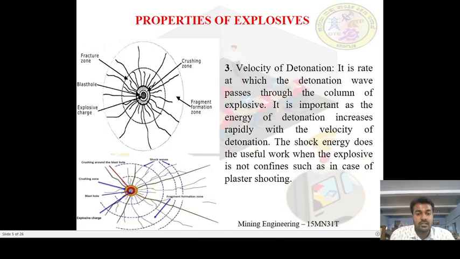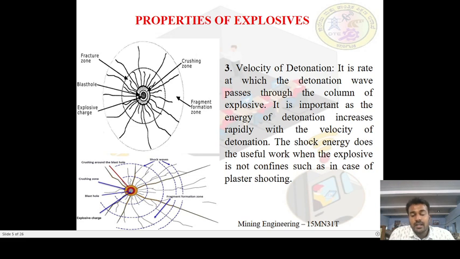The next property, velocity of detonation. In simple words, we could say it is the shock wave traveling in the medium at different velocity, which we call velocity of detonation.